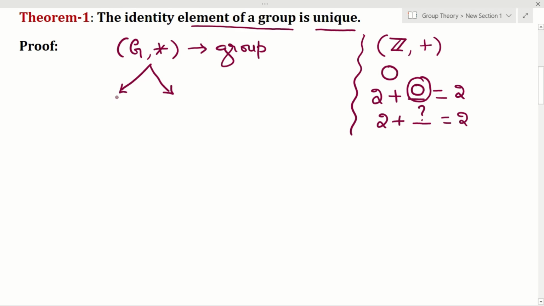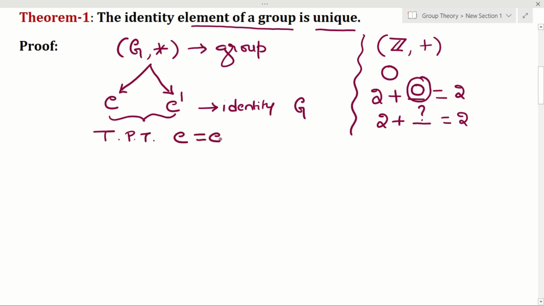Suppose we have two identity elements, let them be E and E dash. These two are identity elements of the group G. And what is our aim? Our aim is to prove that E is equal to E dash. So we don't have two identity elements, we have one and only one identity element.